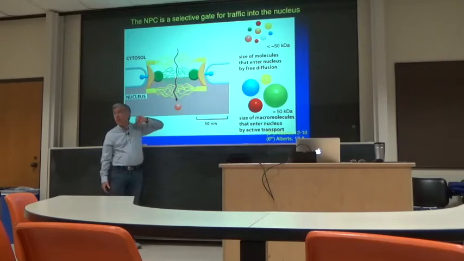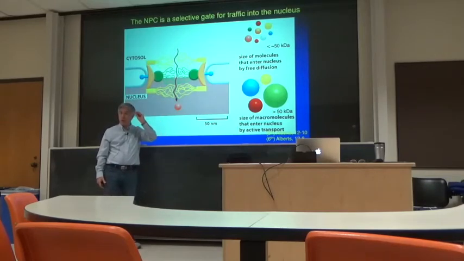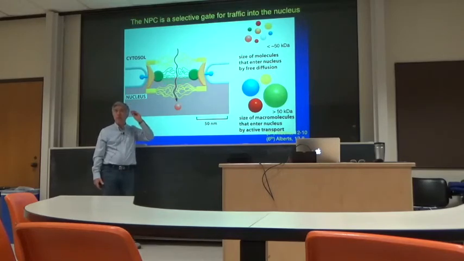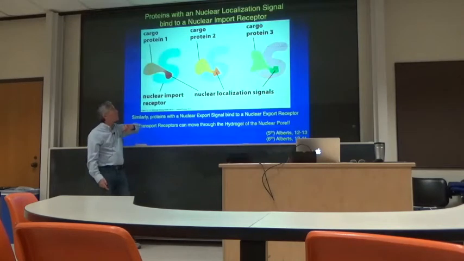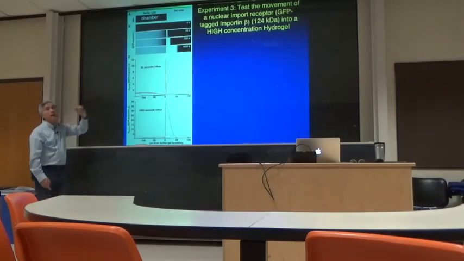Even small proteins would not be able to get through because it's a very solid mass. Small proteins can get through only because there's an open hole. And anything bigger then has to squeeze through the hydrogel, and that is a unique property of the import receptors.